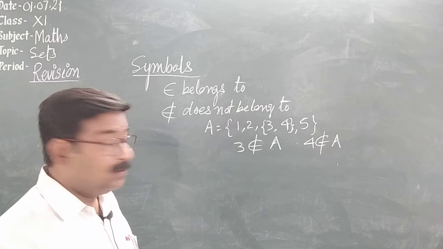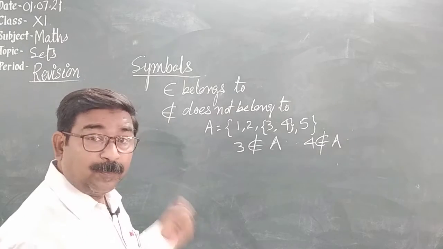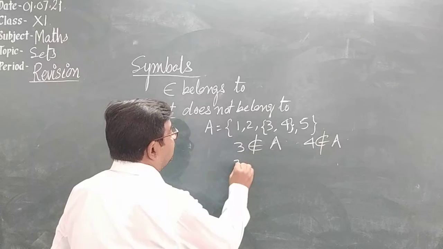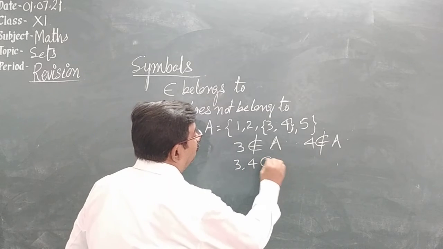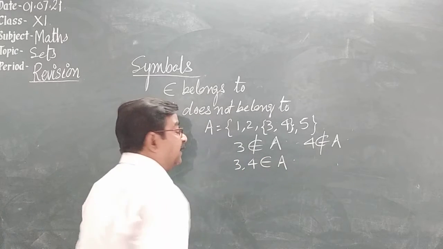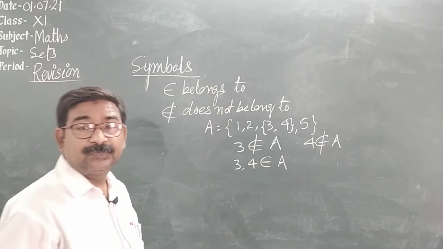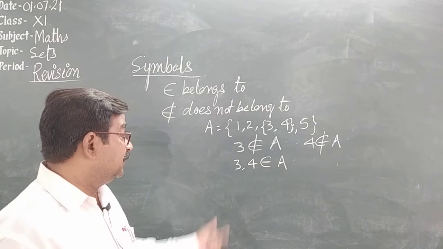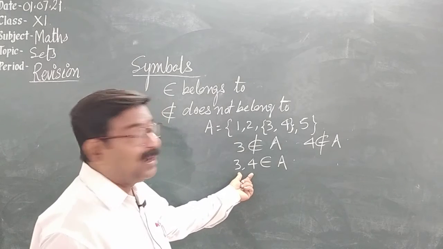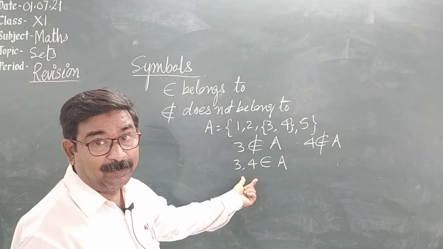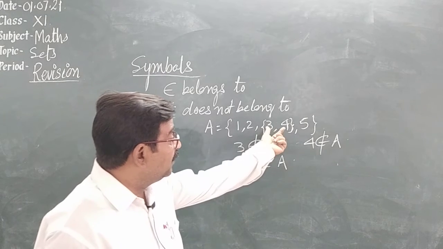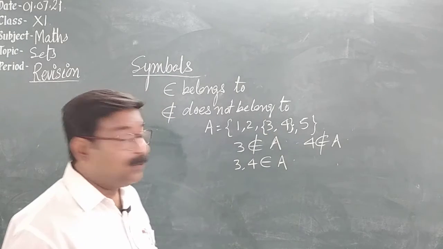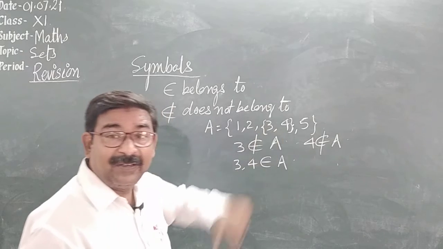Clear? Now suppose I am writing 3, 4 belongs to A. Is it correct? No. This 3 and 4 are not combined this time, unless we form the bracket.